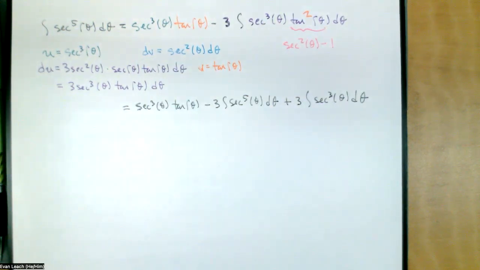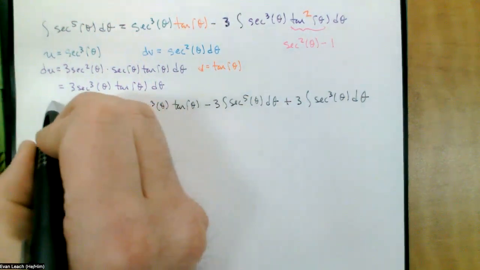So even though we started with 5 factors, we can break our 5 factors into 3 factors, and we know the 3 factors. The 5 factors is what we're looking for, and we know the 3 factors. So we're going to do the same thing that we did before.